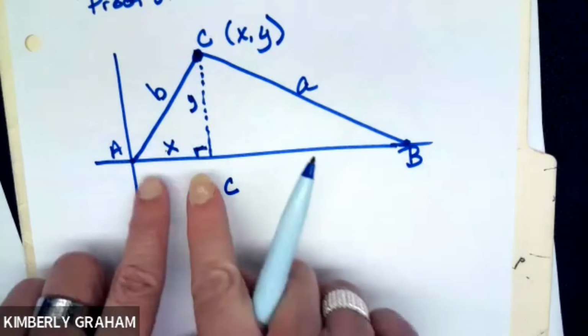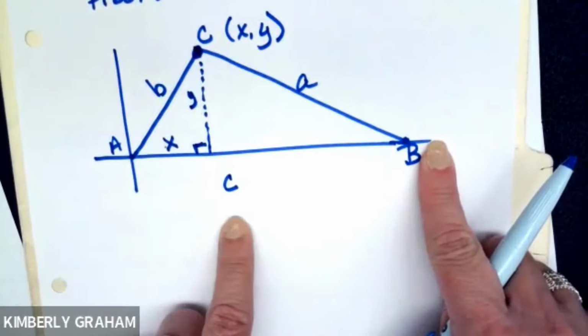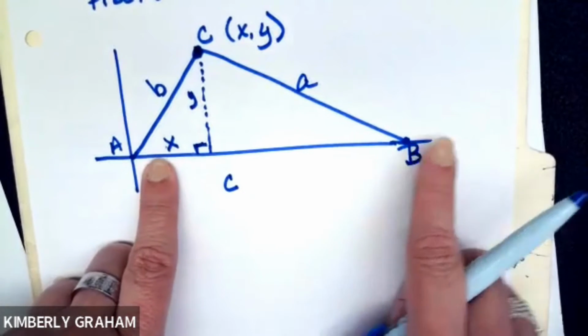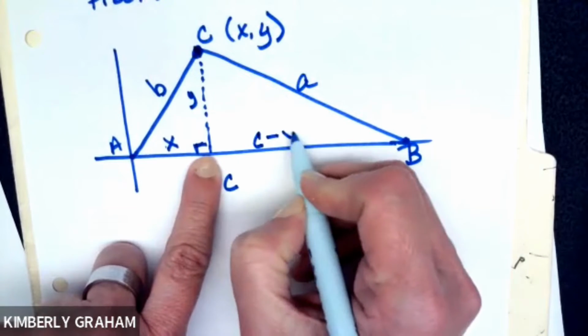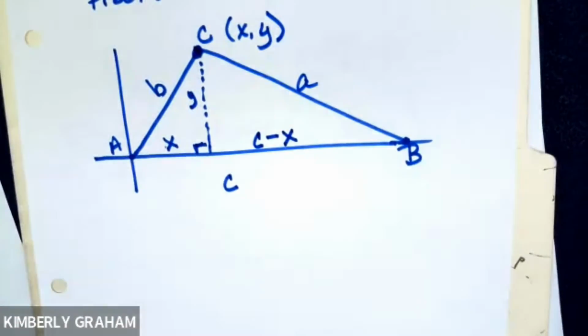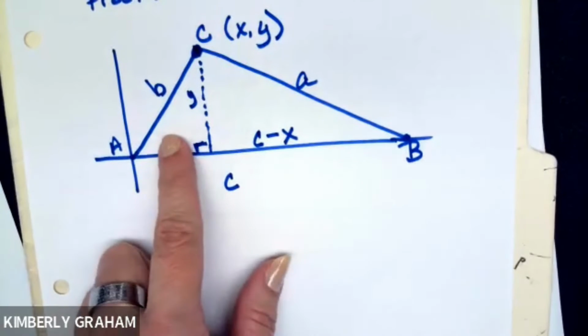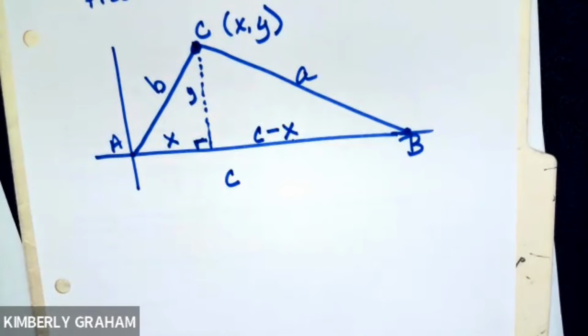Now, this whole side here on my triangle has this base being length C. If this side is X, this length in here would be C minus X. So on your bonus problem that we did way back when, that's what you should have done for the expression of those 2 bases. Let's say this one is X and this one was 500 minus X.